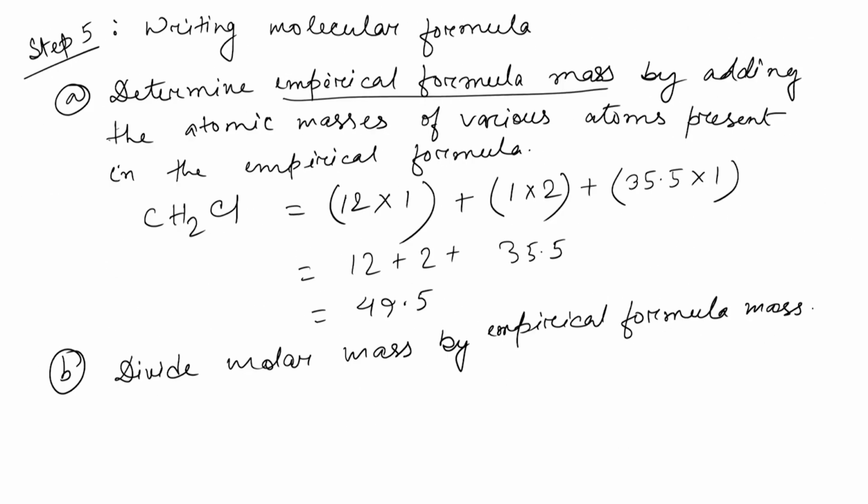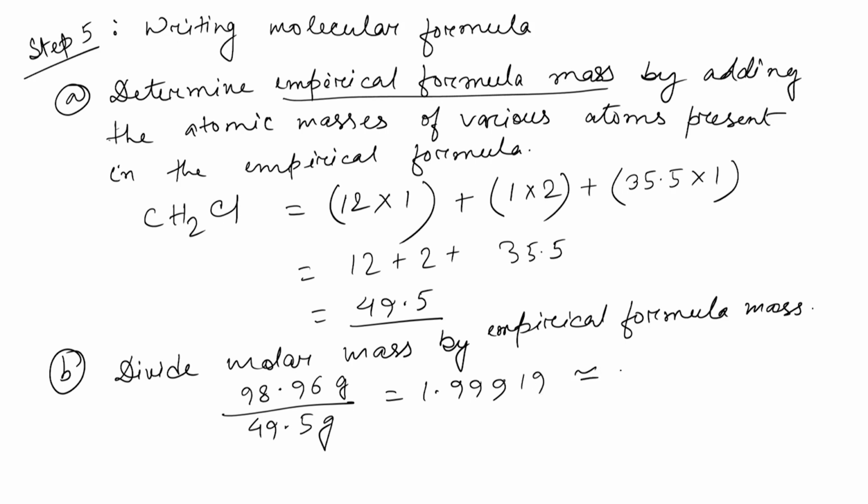Okay. So, we divide 98.96 grams by this 49.5 grams. So, this comes as 1.99919. This can be written as 2. This is our N. Therefore, N is equal to 2.